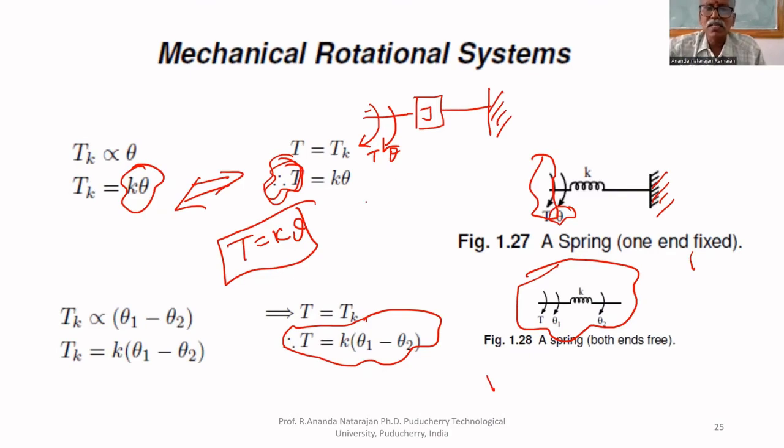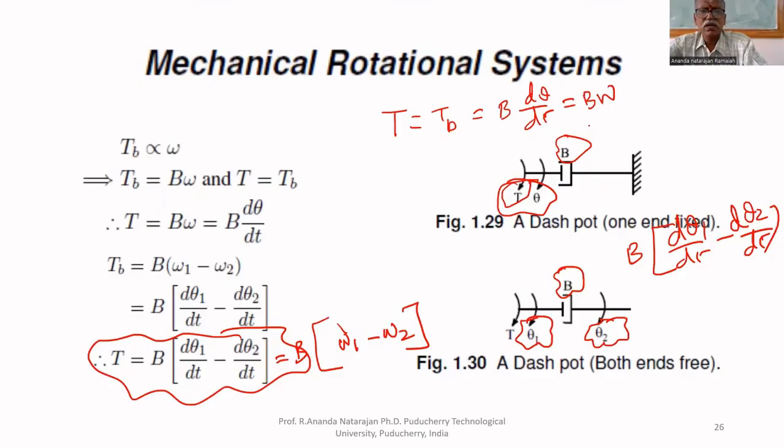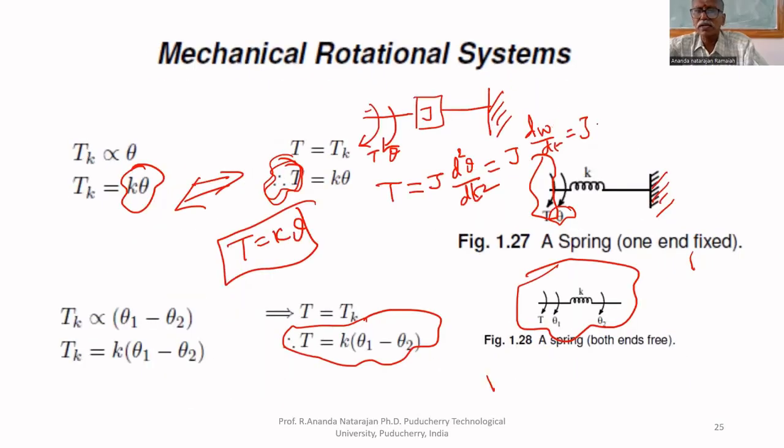Therefore, it doesn't have any spring effect or any dashpot effect. In that case, the applied torque equals the reactional torque J d square theta by dt square, or J d omega by dt, or J multiplied by the angular acceleration alpha.